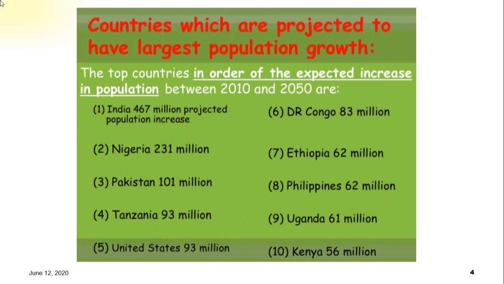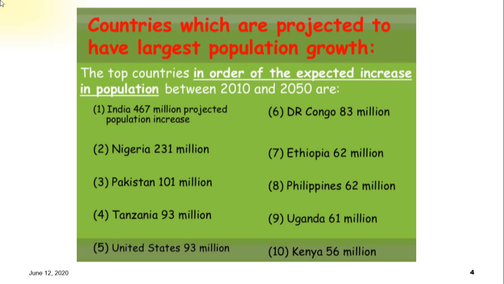And this slide talks about the countries which are projected to have the largest population growth. In this year, there are only 10 countries. The top countries in order of the expected increase in population between 2010 and 2050.